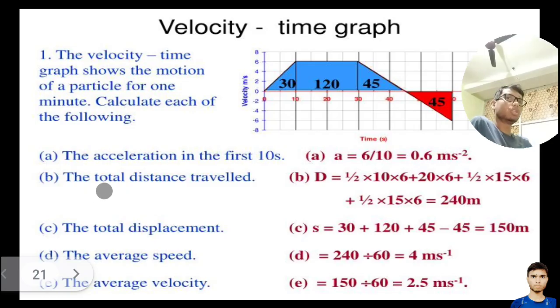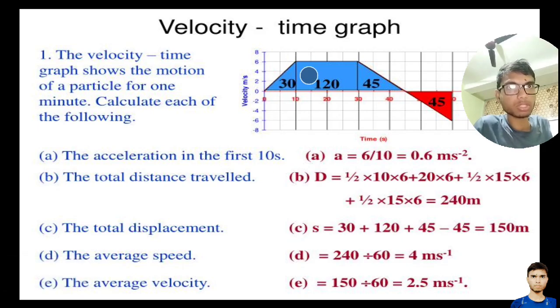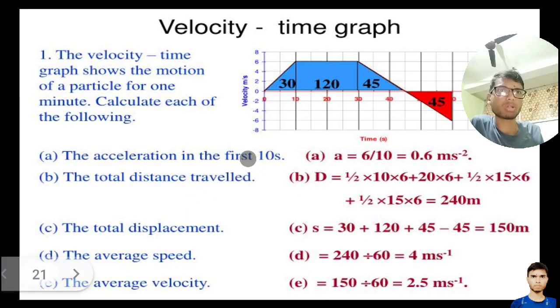Based on the total, we have to calculate the total distance traveled. From here to till here, it is how much? 30. For total distance you use this.